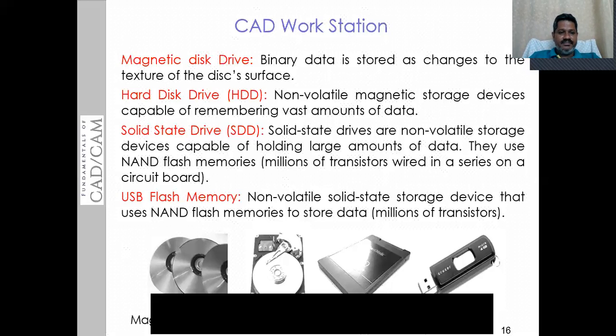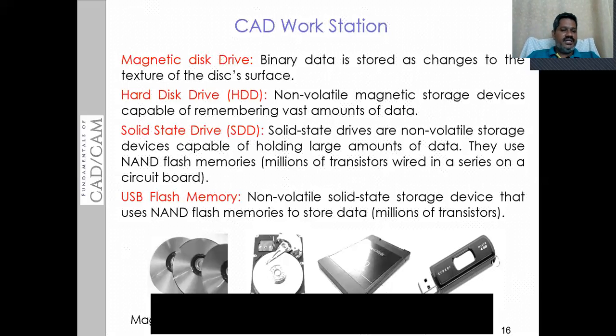Then you have the other memory device used in the CAD workstation, the USB memory. You might have seen USB memory outside. Every computer, every CPU has a USB port in which this USB drive is inserted to get the data as well as to copy the data.